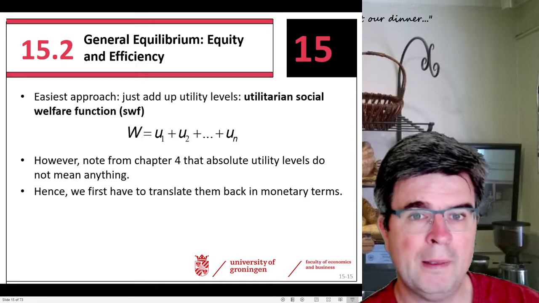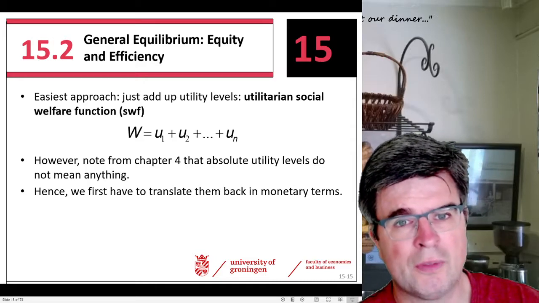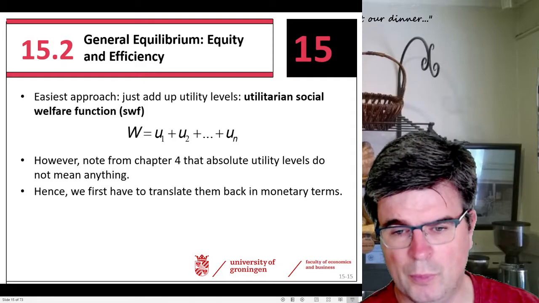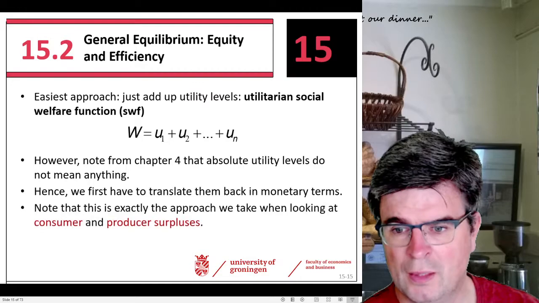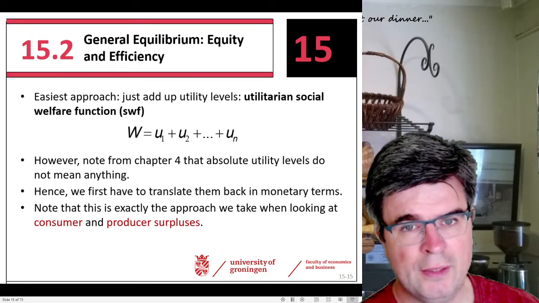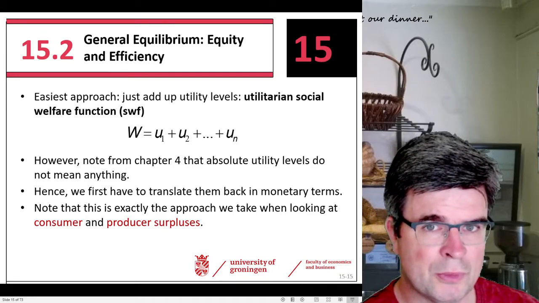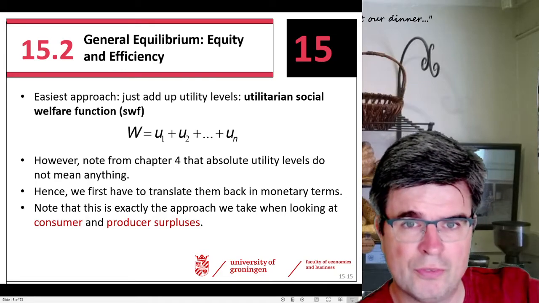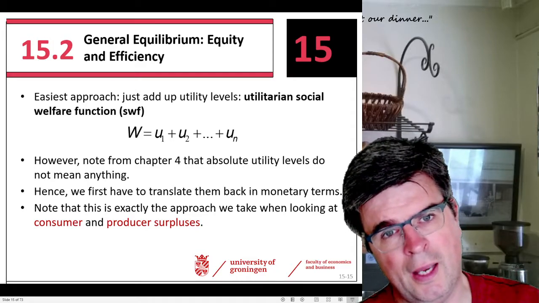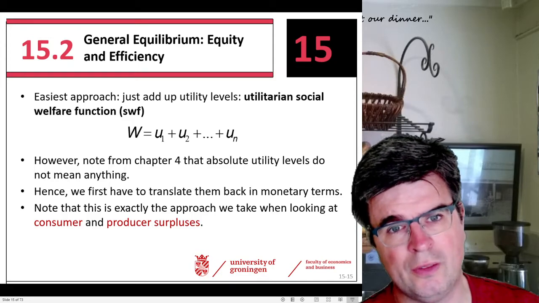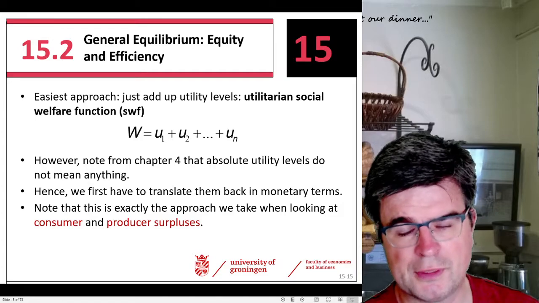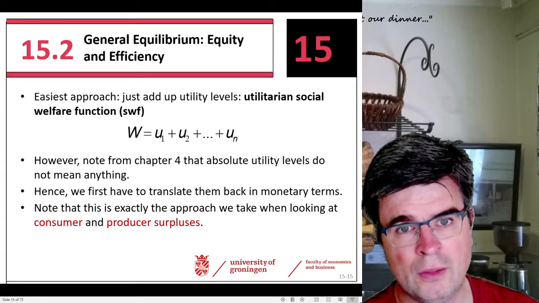So bringing utility levels back to monetary terms allows us to aggregate them in a way that is meaningful. And this is exactly the approach that we already took in computing the consumer surplus, which measured the difference between what people actually had to pay for an item and what they were willing to pay. And also with the producer surpluses that we studied in the chapter last week.